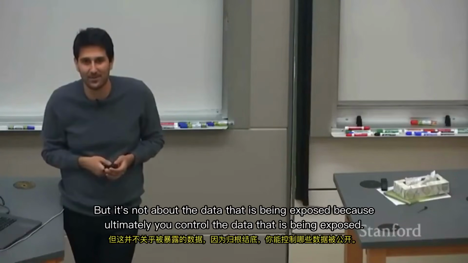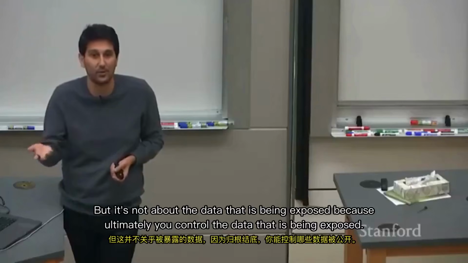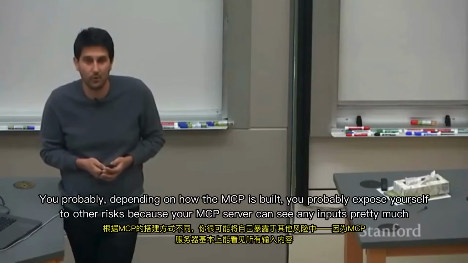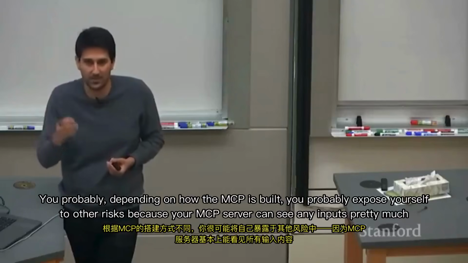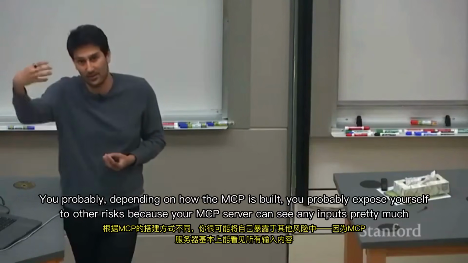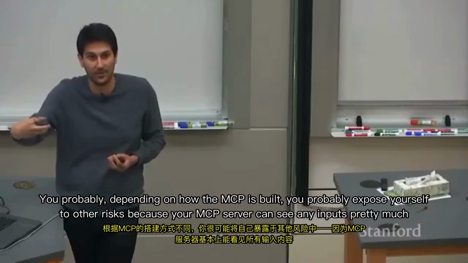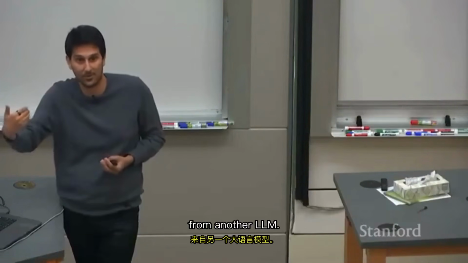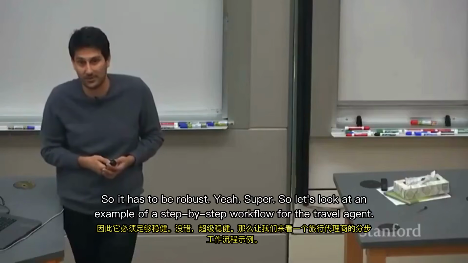It's not about the data being exposed, because ultimately you control the data that is being exposed. Depending on how the MCP is built, you probably expose yourself to other risks, because your MCP server can see pretty much any input from another LLM. And so it has to be robust.